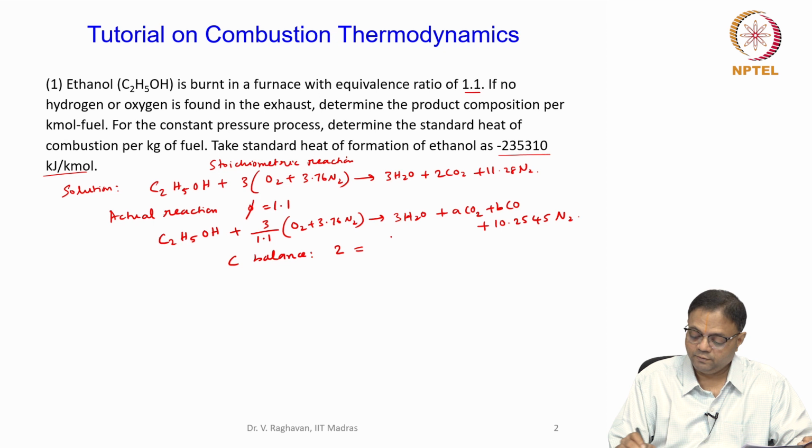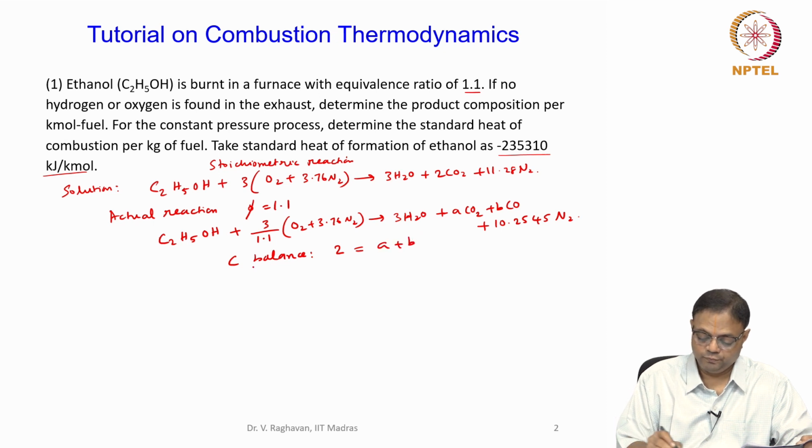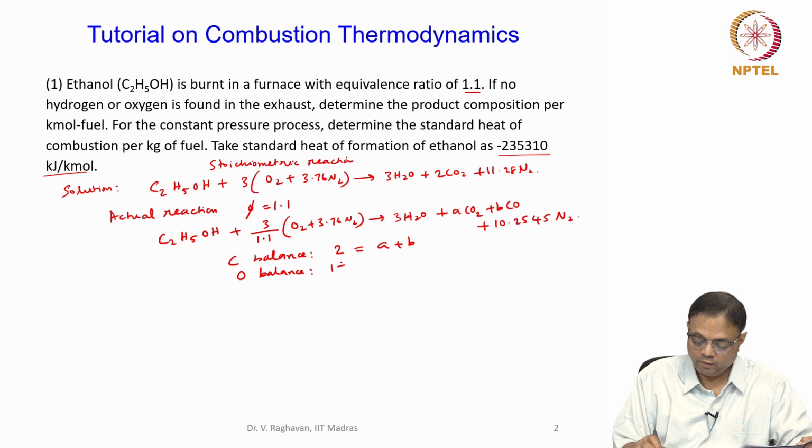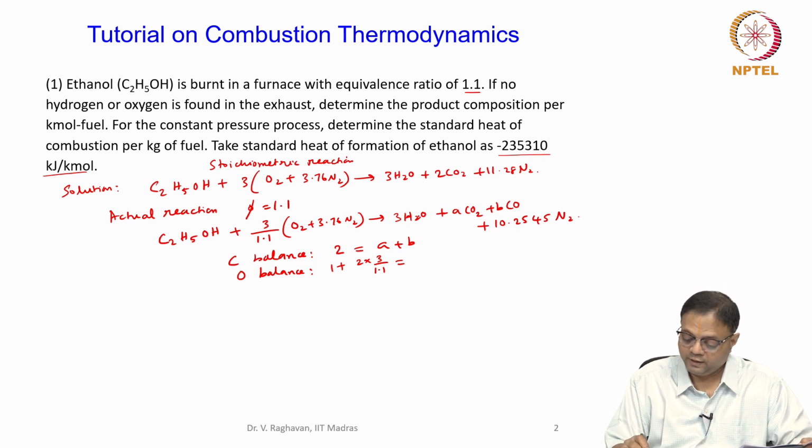On the right hand side I can say A plus B. Similarly, I will take O balance. On the left hand side I have 1 O here, 1 plus 2 into 3 by 1.1. On the right hand side I have 3 O here plus 2 times A plus B.